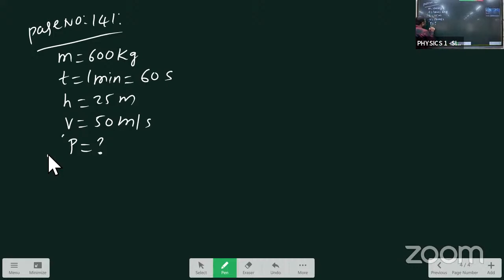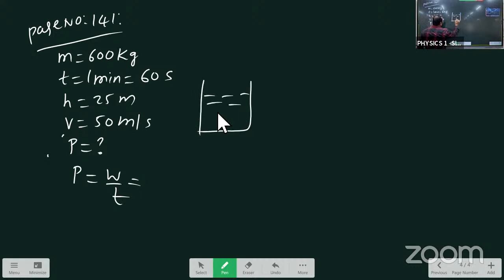Power P equals the rate of doing work. Power equals the ratio between work done and time: work per time equals power. Here, for example, this is the well, with one motor, 25 meter deep. With respect to depth, with respect to configuration, work equals potential energy.